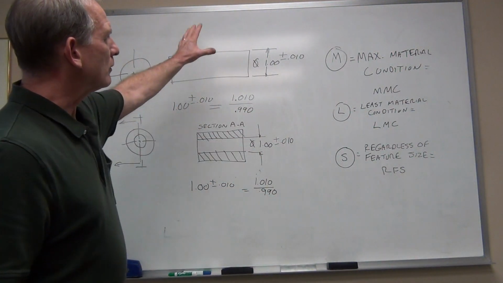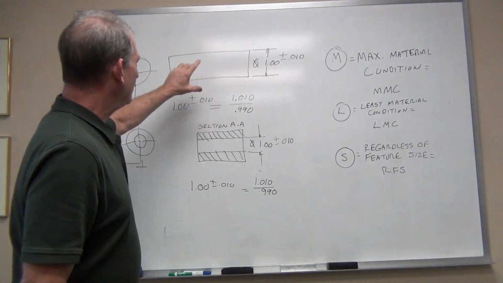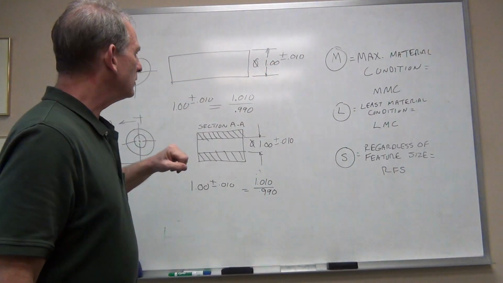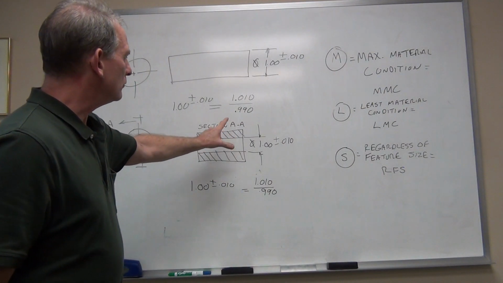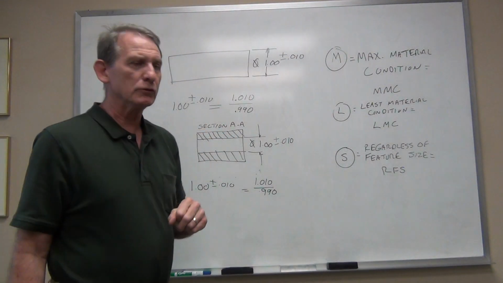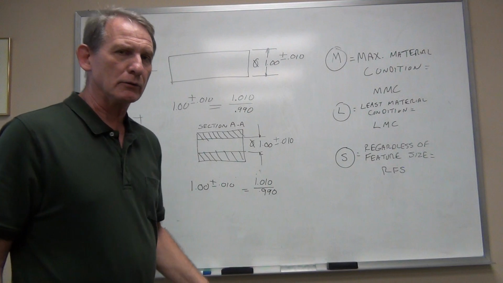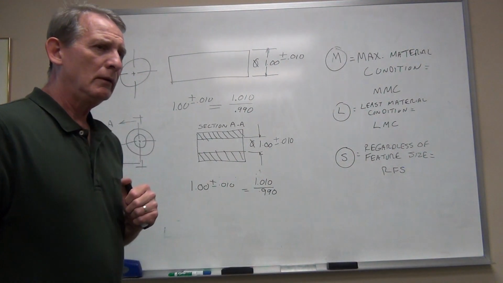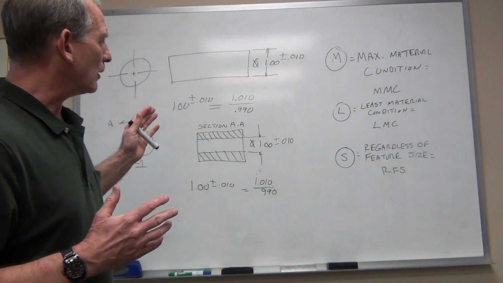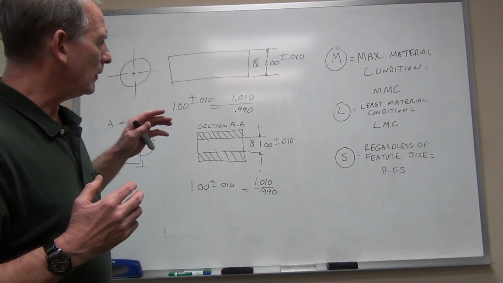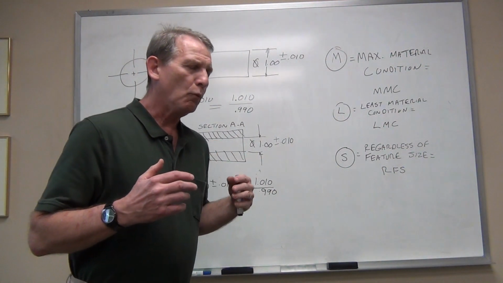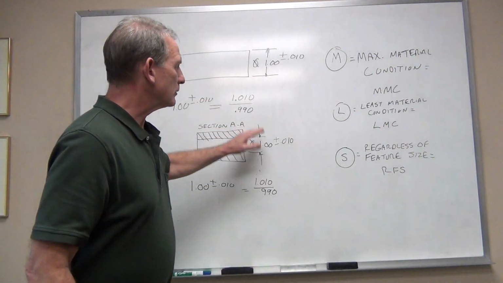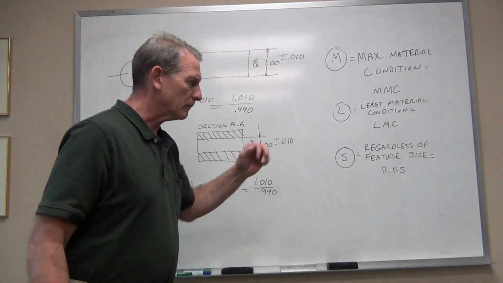Now what I've drawn here is two different parts. I've drawn a shaft that is 1 inch in diameter, plus or minus 10 thousandths. I've also drawn a bore that is 1 inch, plus or minus 10 thousandths in diameter. And we're going to talk about the nature of those two different parts, and how we work from the nature of the feature to its limits, and then to its material condition.